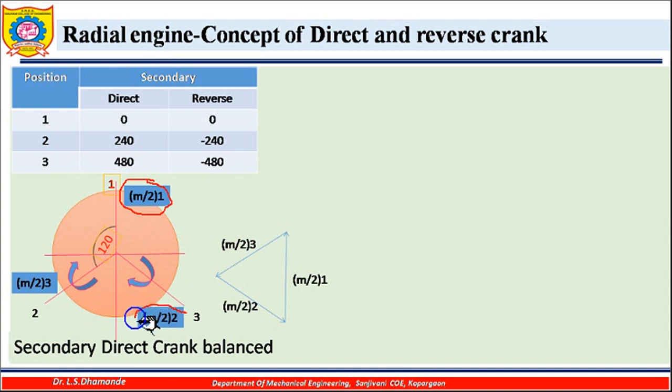So for the secondary force, the secondary crank m by 2 will be coming over here. And 480 clockwise for the third line of stroke: this is 120, again 120, that is 240, again 120, that is 360, and again 120, that is 480. So the third crank mass will be lying over here.